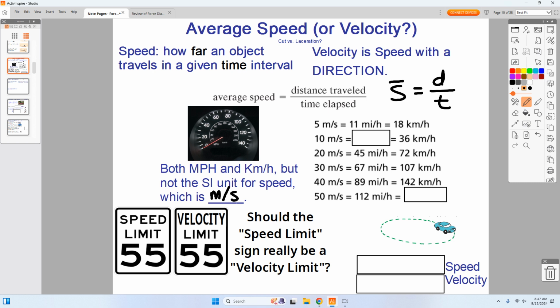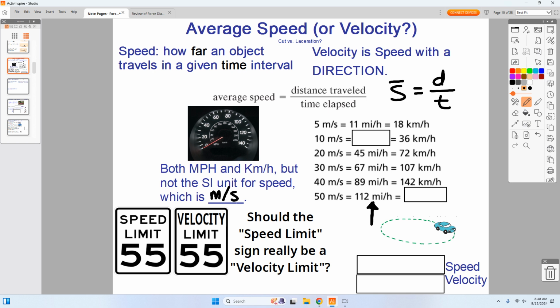Now, the table to the right has meters per second, miles per hour, and kilometers per hour. You guys are probably most familiar with the center column. You know what those speeds feel like. Well, hopefully you don't know what 112 feels like if you're driving in a car.